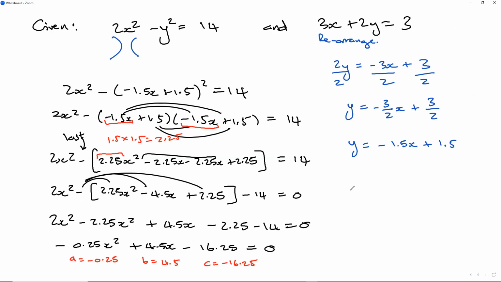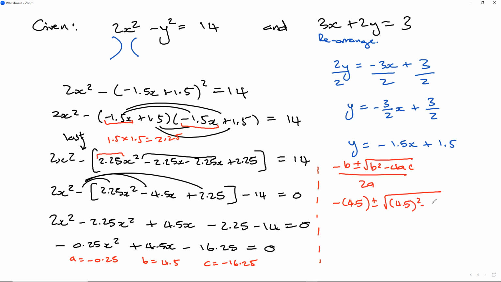So I can now use the quadratic formula, which is minus b plus or minus the square root of b squared minus 4ac, divided by 2a, which I have to now substitute in carefully. b squared is going to be 4.5 squared, minus 4 times a, negative 0.25, times c, negative 16.25.